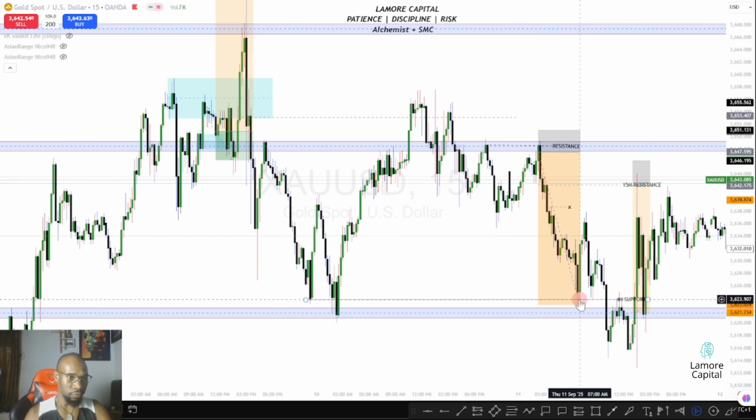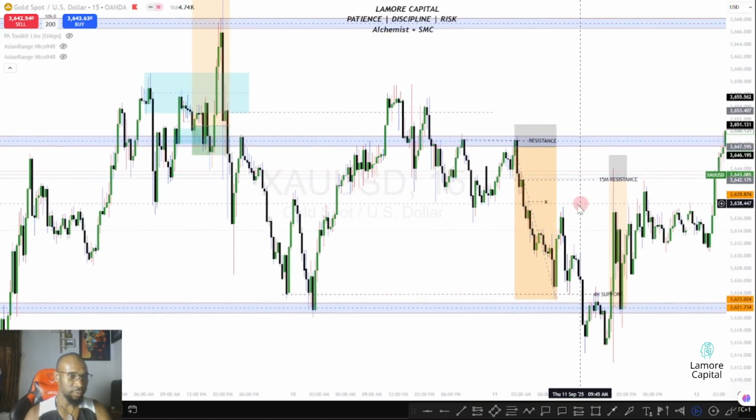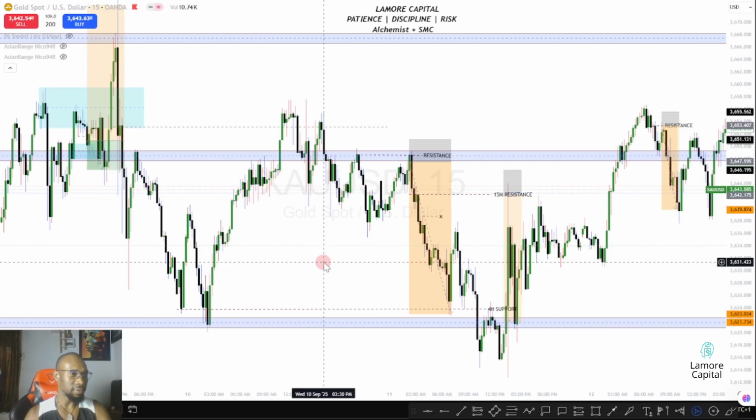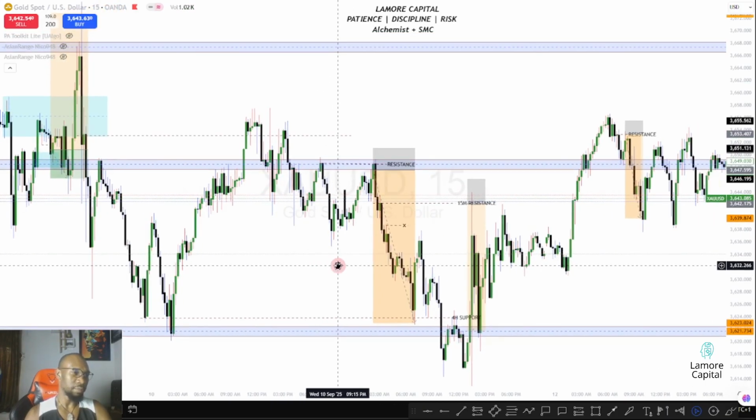I cut out of this trade at around 7 a.m. That was the Asian session trade. I always tell people, I've noticed that the Asian session now respects resistance and support most of the time. The manipulation most of the time happens around the Asian session.